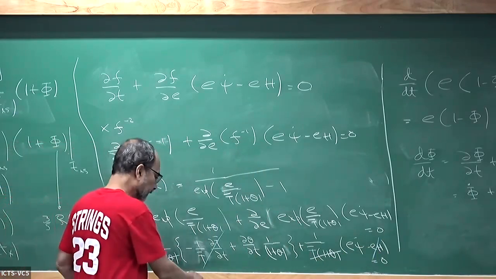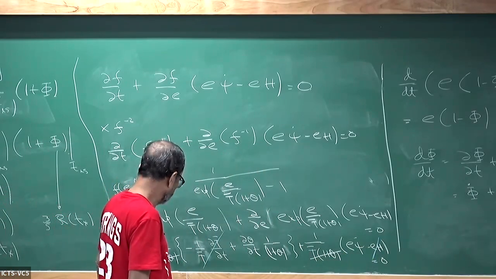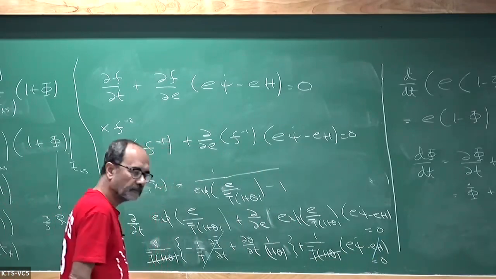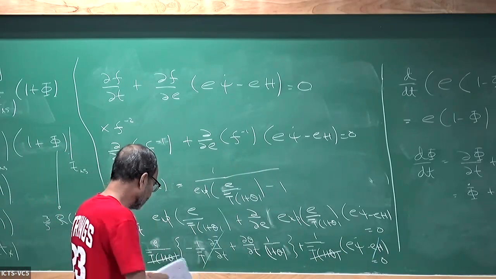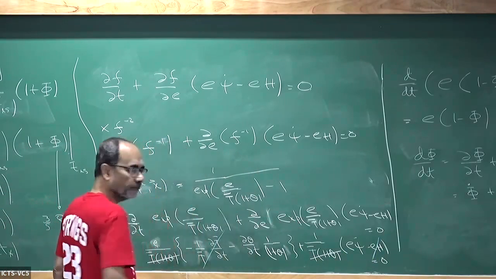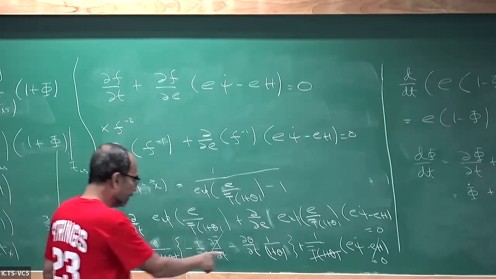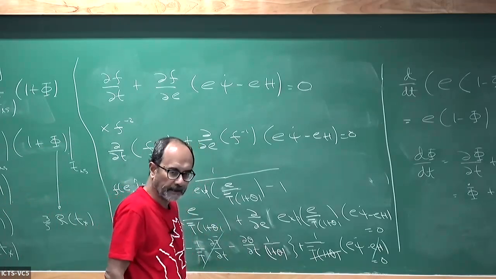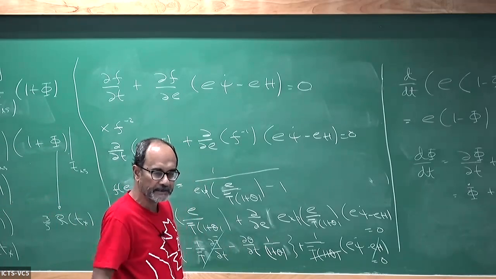So we get, pardon? Minus delta, yes, thank you. Minus delta by delta. Okay. In this 1 plus theta, I can replace by 1 because theta is already a perturbation, right? So theta times 1 plus theta will be second order.